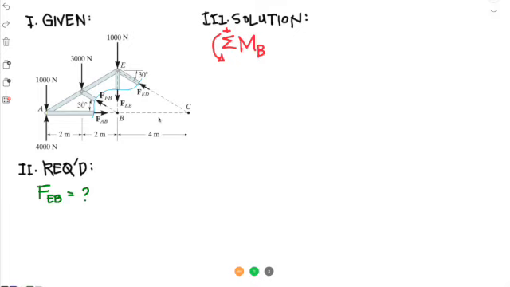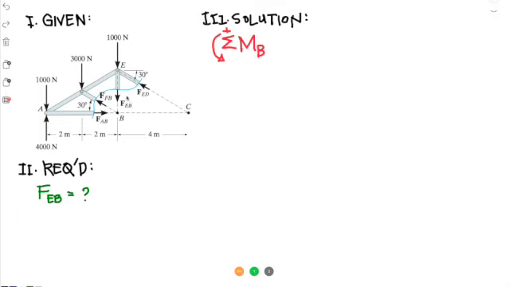Alright, so this is the given for this problem, the same cross section that we have revealed earlier, and the required is FEB. So the solution, let's do a summation moments along B, since it will eliminate a lot of unknowns. FEB, FFB, FEB.